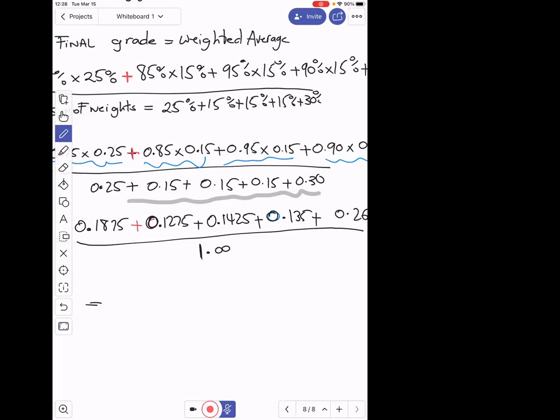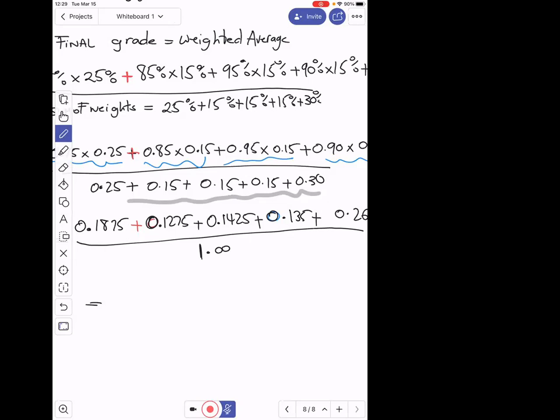I got something different. I got 0.8565. Where, in the top or in the bottom? I'm on the top. I got everything on the top.